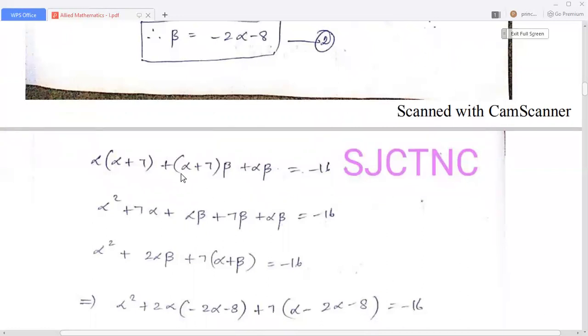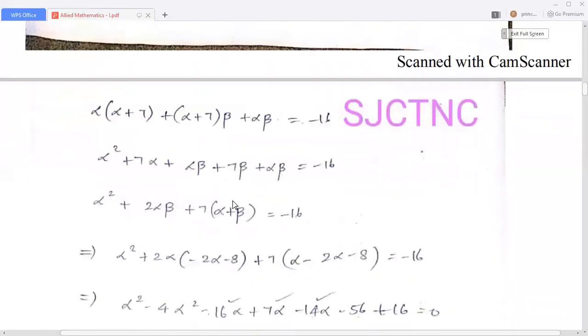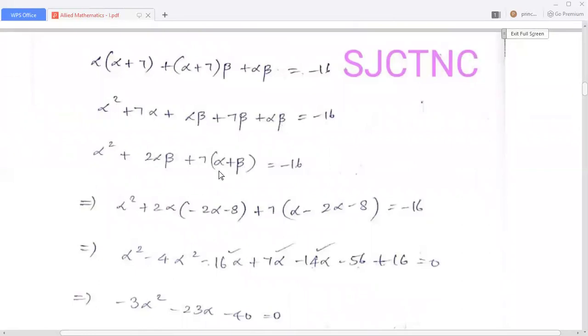Next step, we are going to use another relation between roots and coefficients, that is sum of product of roots taken 2 at a time. That is alpha into alpha plus 7 plus alpha plus 7 into beta plus alpha beta equal to minus 16. Now we can multiply this term by term and then we can take out the common element.